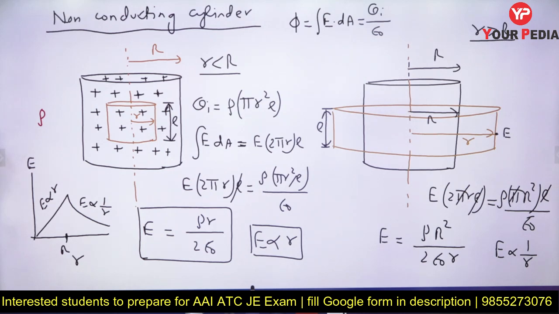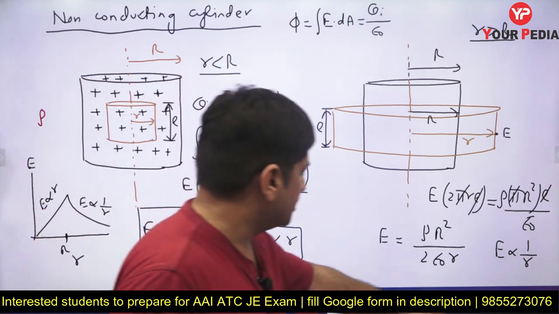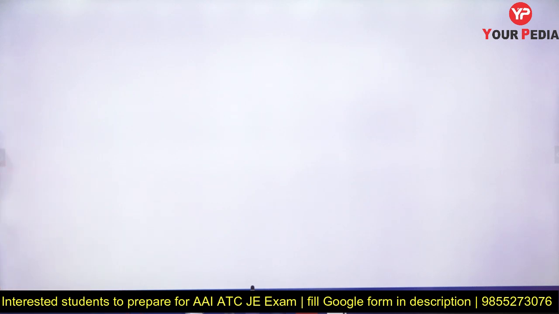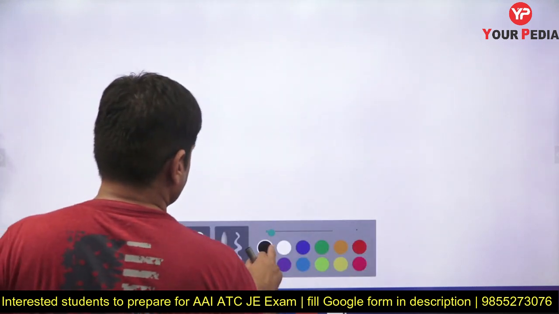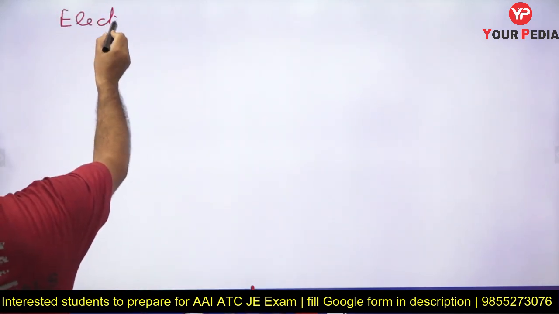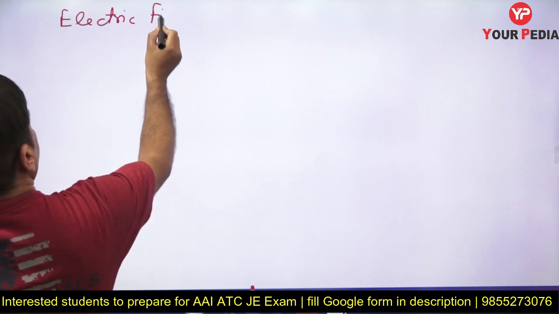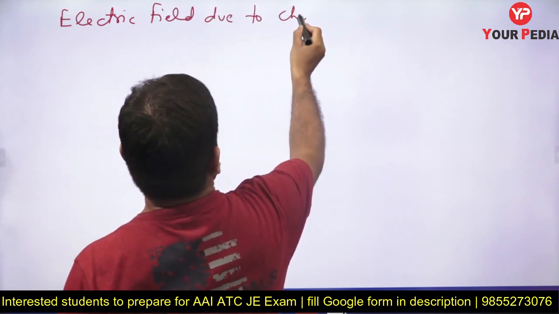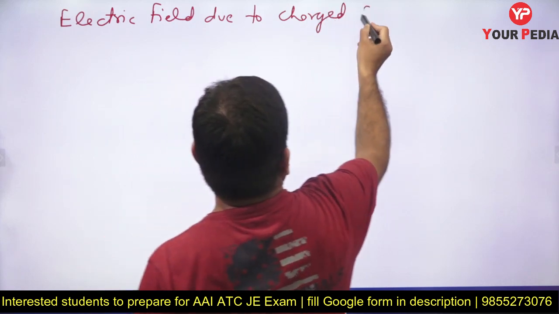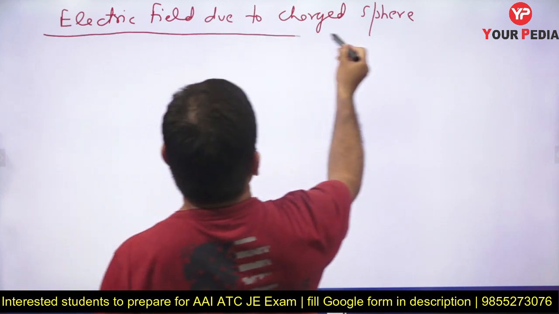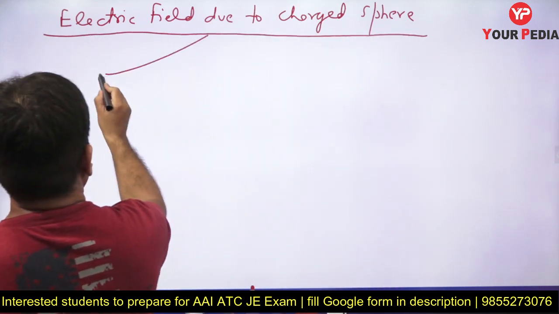Now the last thing which is left in this case is the sphere. The last thing which is left is the electric field due to a sphere. This is the last topic, electric field due to a charged sphere. And I can divide the sphere also into two parts. Spheres also I can divide in two categories.